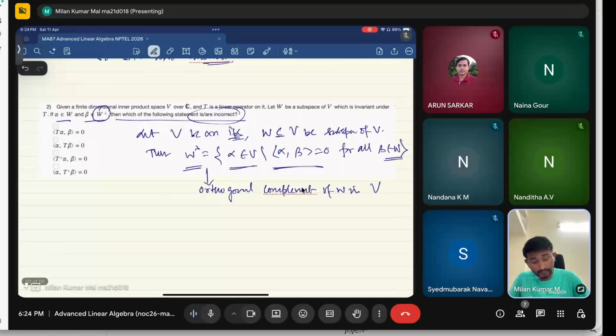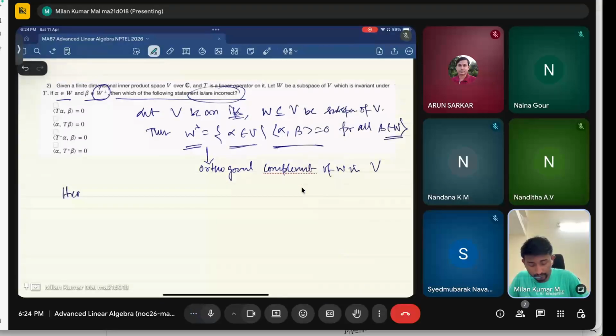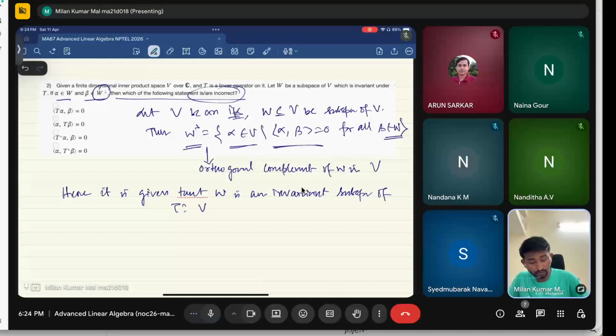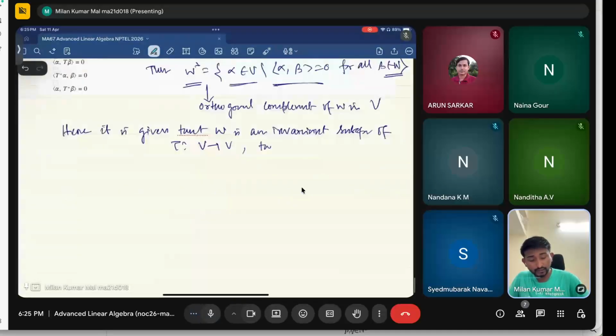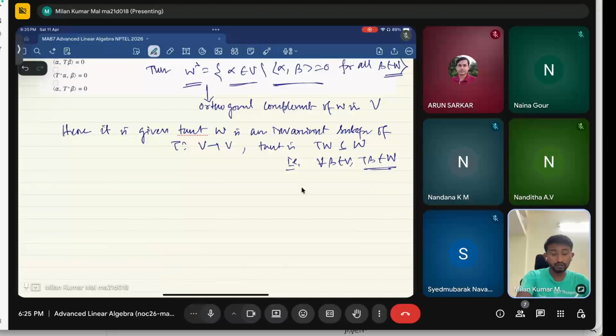Now, it is given that W is an invariant subspace of the linear operator T from V to V. That is, T of W is a subset of W, and this is the same as saying that for all beta in W, T beta is again in W. This is what is called invariant.